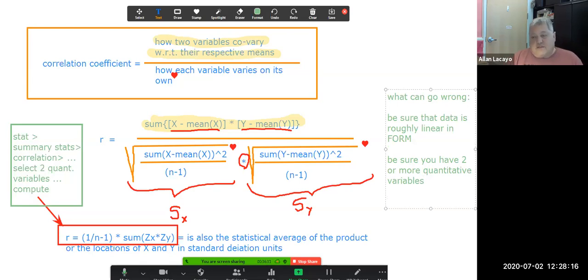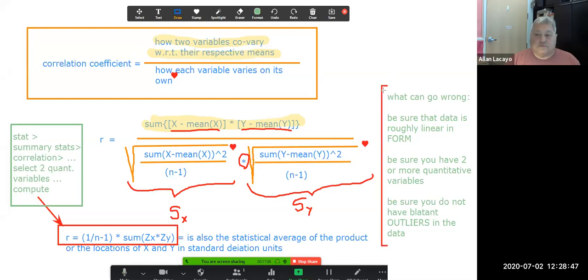And the other thing you should be sure of is that you don't have blatant outliers in the data. If those outliers exist, you either have to rationalize their inclusion in the data or you have to exclude them from the data. Those kinds of precautions are really important in your work, so be very, very careful with them.